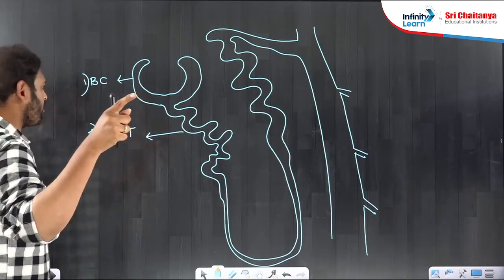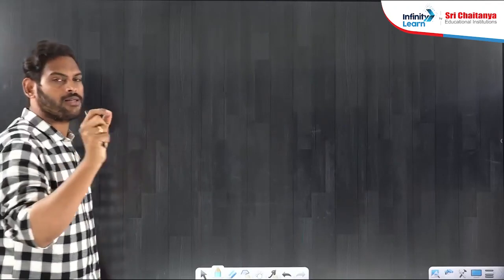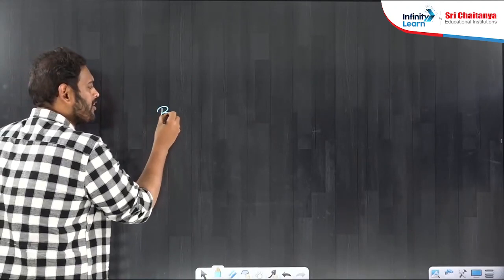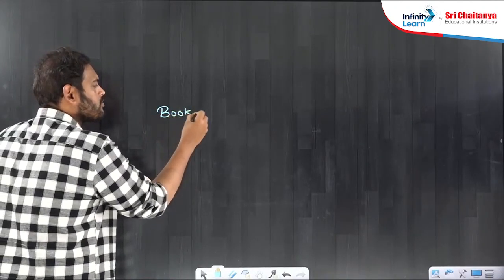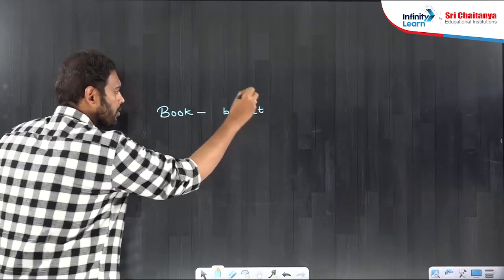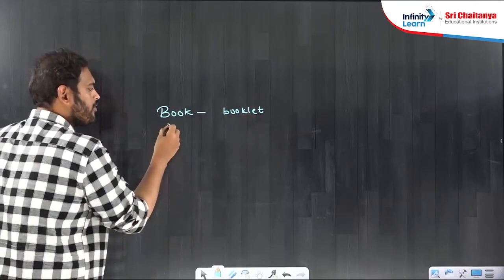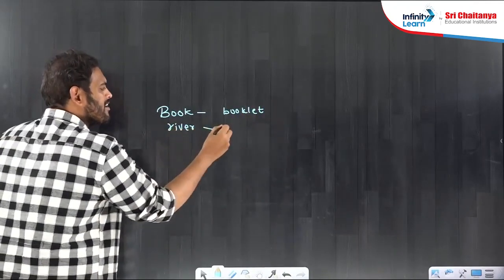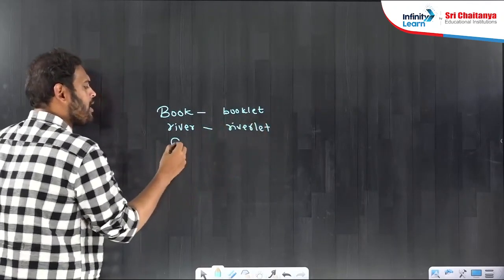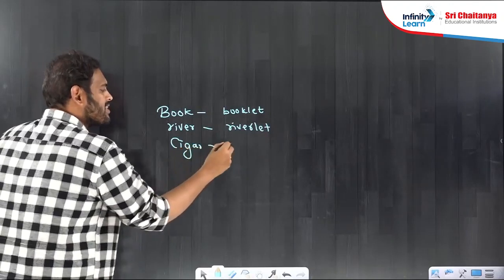And before you learn this, let me tell you a small example in English. In English, we have this difference. Big thing is book, small thing is booklet. Big thing is river, a small thing is riverlet. Big thing is cigar and small thing is cigarette.